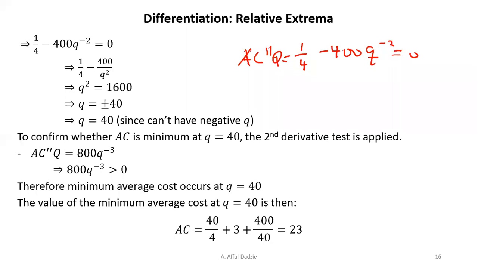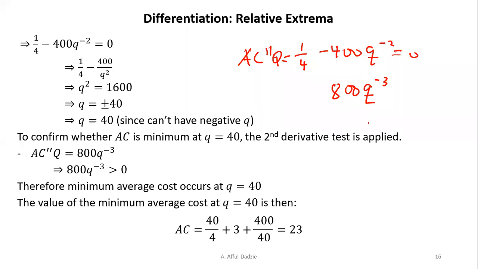Now minus 2 would come and multiply this, and what do we have? Minus 2 times minus 400 is positive 800. And then we would knock down the power by 1, so this is minus 3.